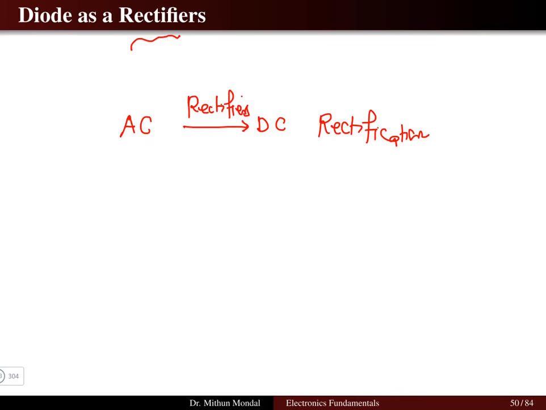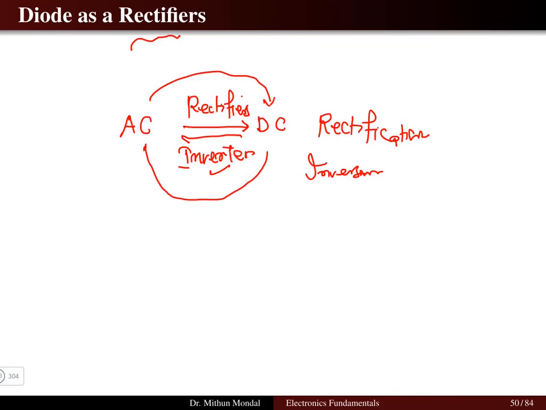When the inverse process takes place, that is DC to AC conversion, it is known as inversion, and the device used is known as an inverter. So AC to DC conversion requires a rectifier and DC to AC conversion requires an inverter. We will focus on the rectifier here because we are studying the diode as a rectifier.